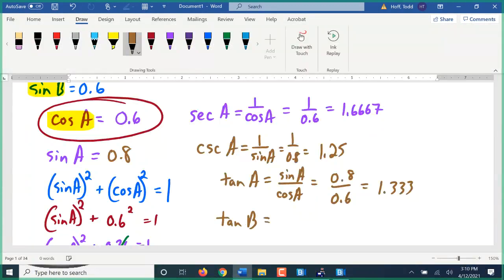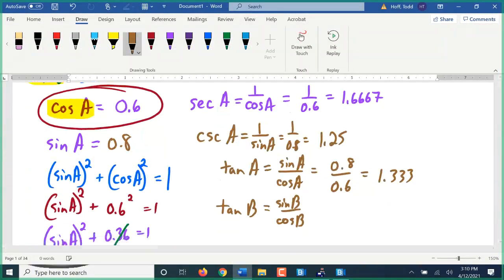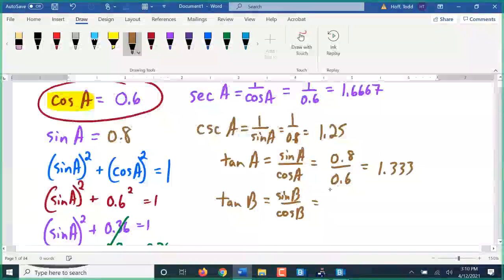Well, the tangent of angle B. Tangent of B is the sine of B over cosine of B, right? Or 1 over the tangent of A, since it's its complement.